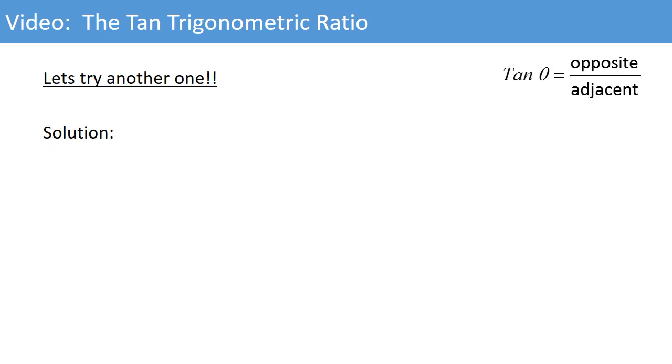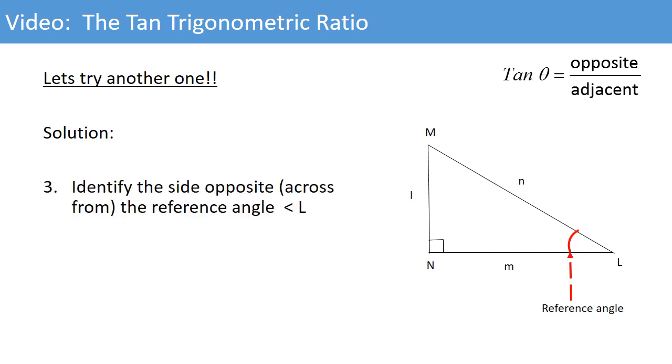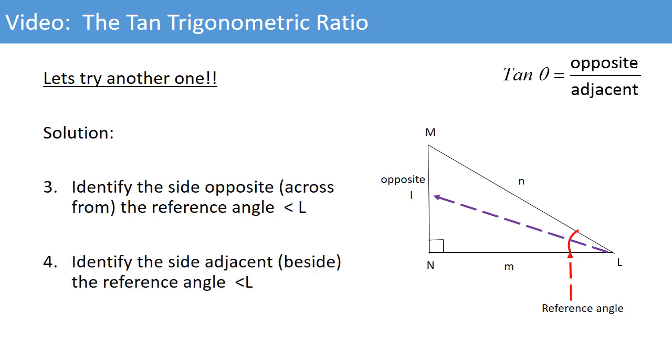Now, continuing with the solution for the triangle, identify the side opposite, and remember, opposite means across from the reference angle, angle L. Draw an arrow across and label it. Identify the side adjacent or beside the reference angle L. Draw the arrow and label it.